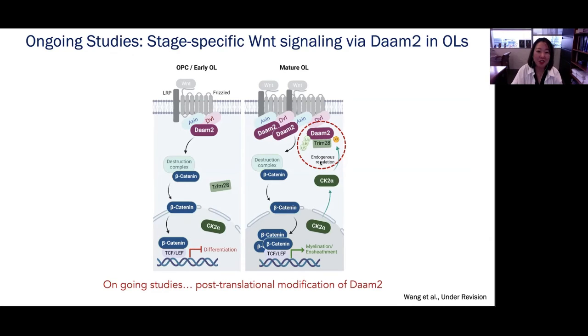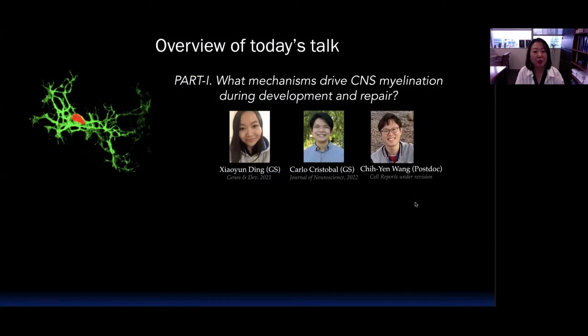It's a very detailed molecular pathway, but it can explain why Wnt signaling is actually required for the fully mature myelination stage, and why TEM2, even though it has an inhibitory role in oligodendrocytes, is highly expressed in mature oligodendrocytes. I didn't bring it for today, but hopefully in a few months we can have a published paper on this study. So this is basically the work of two talented graduate students and one postdoc on oligodendrocyte development and the disease angle.